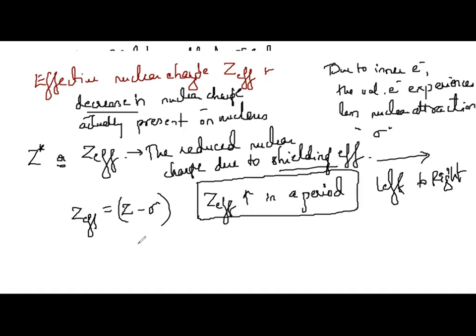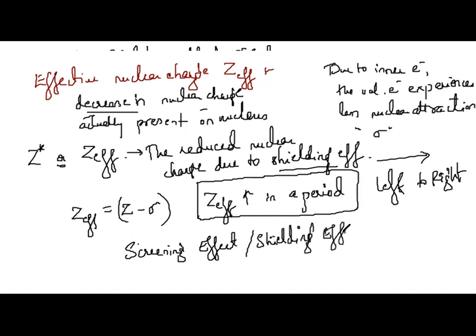This is all about the screening effect or shielding effect. In a multi-electron system, the valence electron experiences less nuclear attraction due to repulsion of inner core electrons, and that is called screening effect or shielding effect, and it is constant for particular atoms.